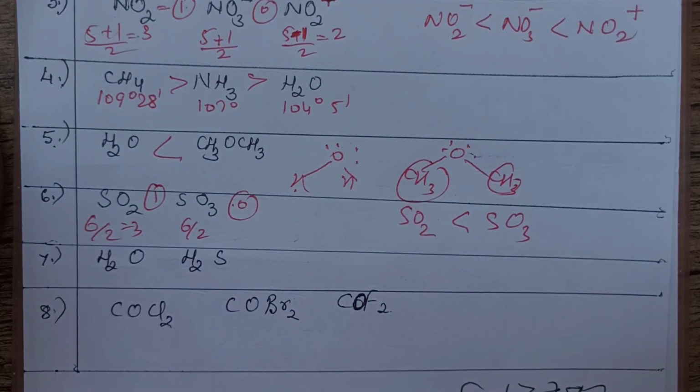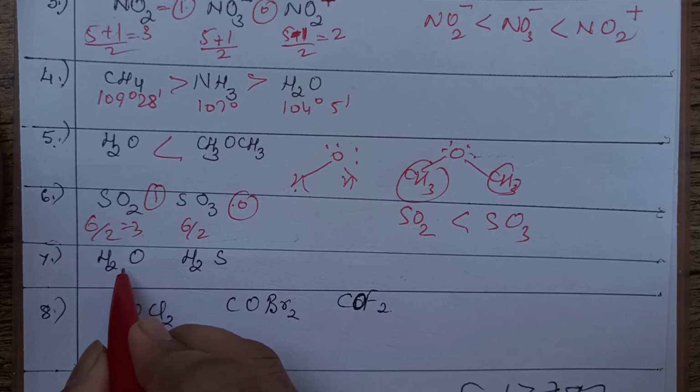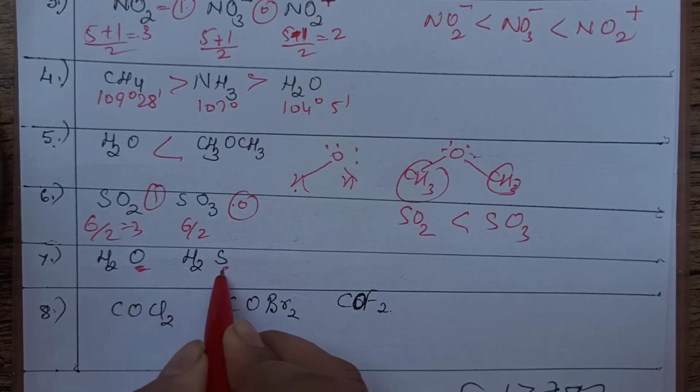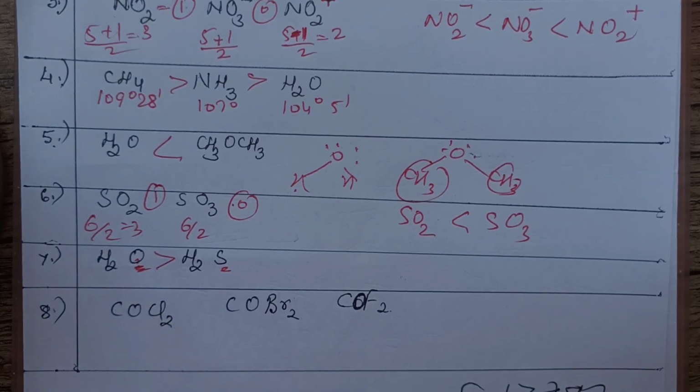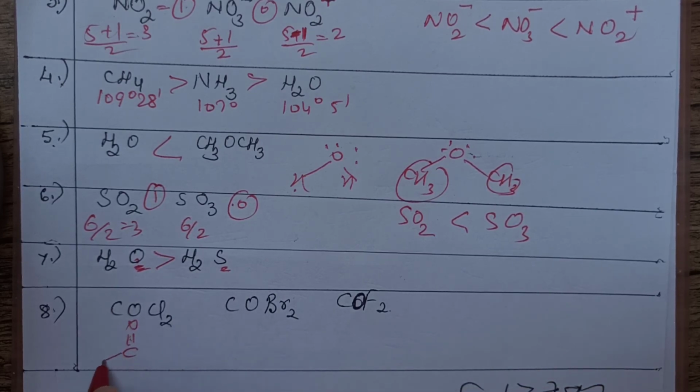Clear? Next one here, you check the hybridization is same. Yes, this is the central atom in this. This is the central atom. Hybridization is same. The electronegativity we have to see. The more the electronegativity of the central atom, the more will be the bond angle. Now what about this? This structure you can draw first. One structure I will draw and show you. This is like this. 2 Cls are present here.